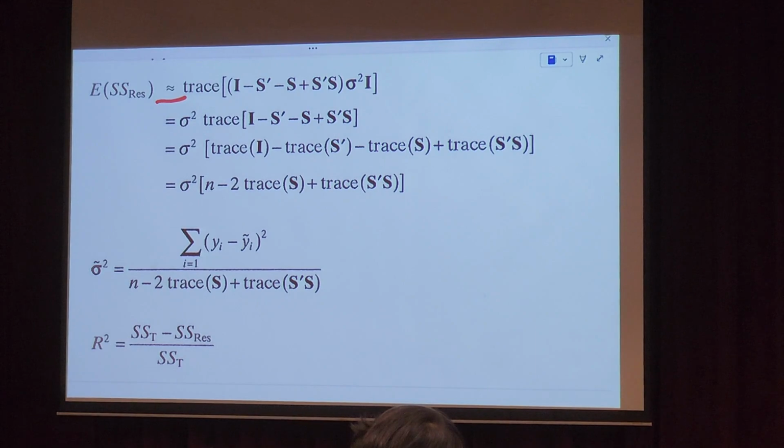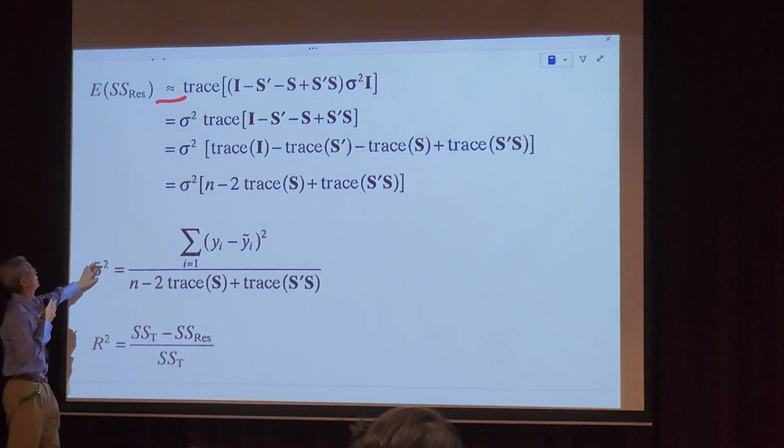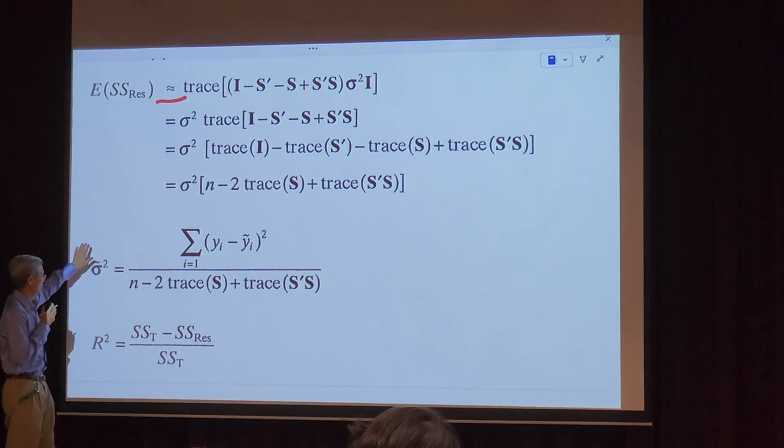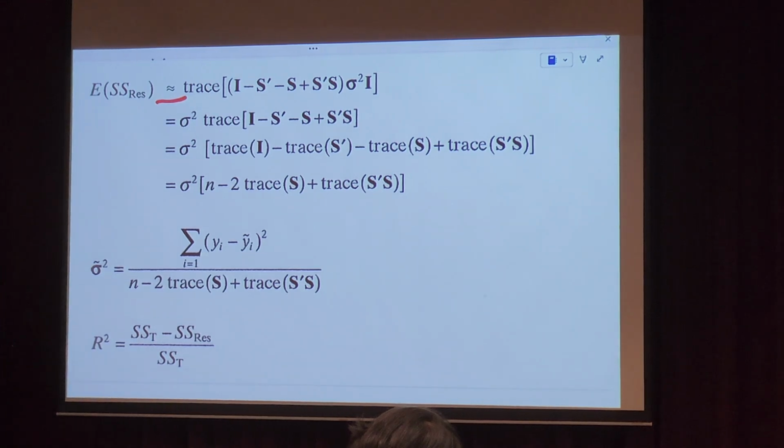You can bring the trace in because the trace is just the sum of the diagonal elements. So you can work this out easily, and then bring this over, and you will have an estimate of the variance, sigma squared.